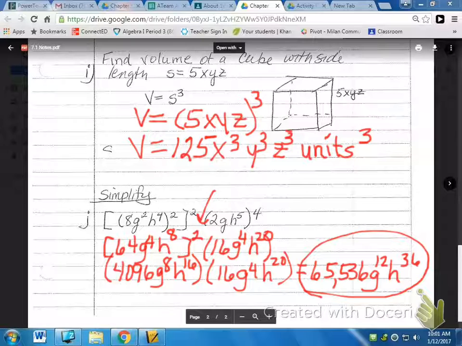The trick here is remembering power on a power, you multiply exponents. Multiplying with the same base, you add the exponents. Please don't get those two confused, because that would be bad. Are there any questions? All right.